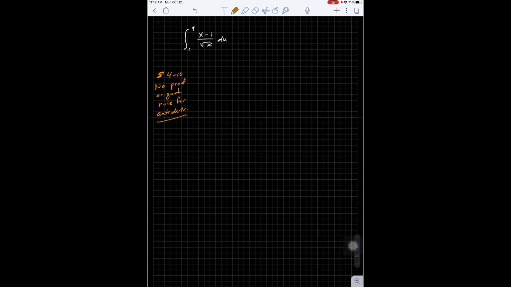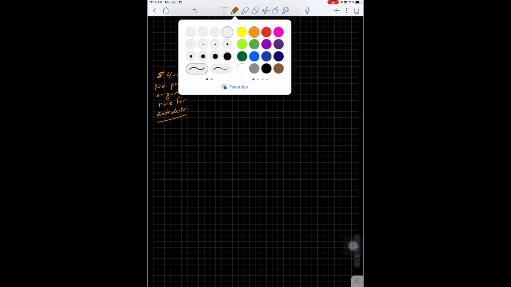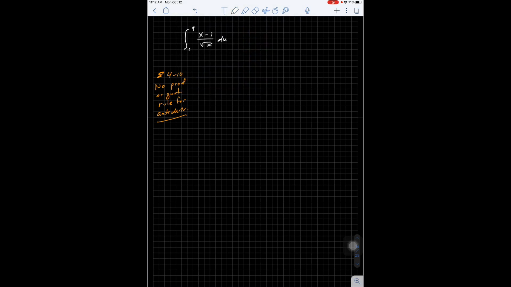Now, there will be other techniques coming, but for now, we have no skills, okay? All we can do is term by term. So if you have a quotient, like I'm looking at right here, you've got to break this up algebraically somehow. Now, if you're going to do something algebraically, this integral sign needs to stay on. It stays on until you take the antiderivative of the function.